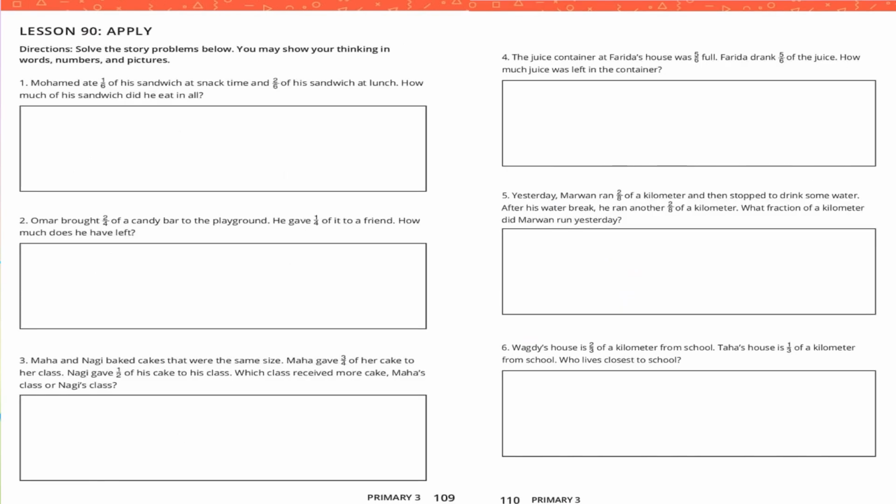Let's start the apply part here. Solve the story problems. Number 1. Muhammad ate 1/6 of his sandwich at snack time and 2/6 of it at lunch. How much of his sandwich did he eat in all? To solve the story problem the easy way, we should make 3 circles.